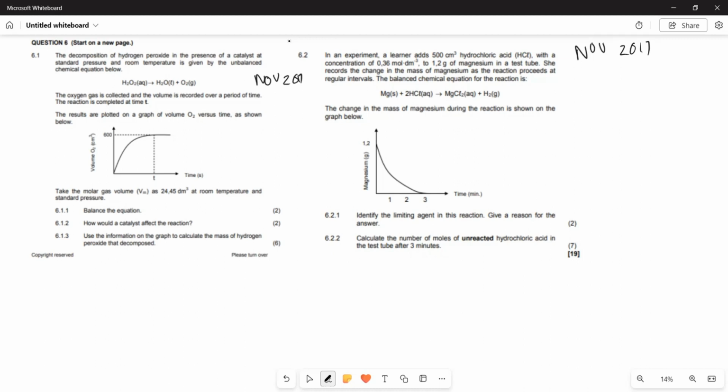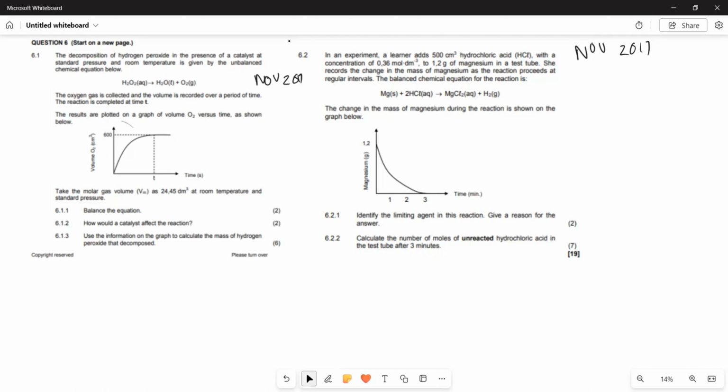The reaction is completed at time t. The results are plotted on a graph of volume of O2 versus time as below. Take the molar gas volume as 24.45 at room temperature and standard pressure.